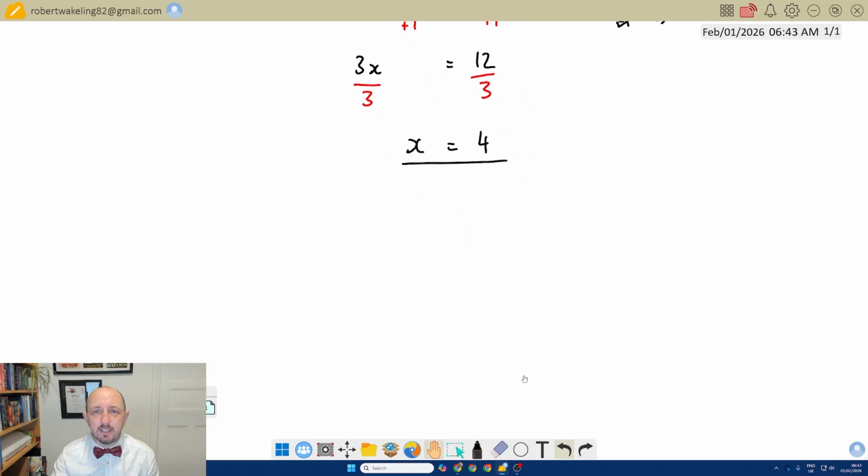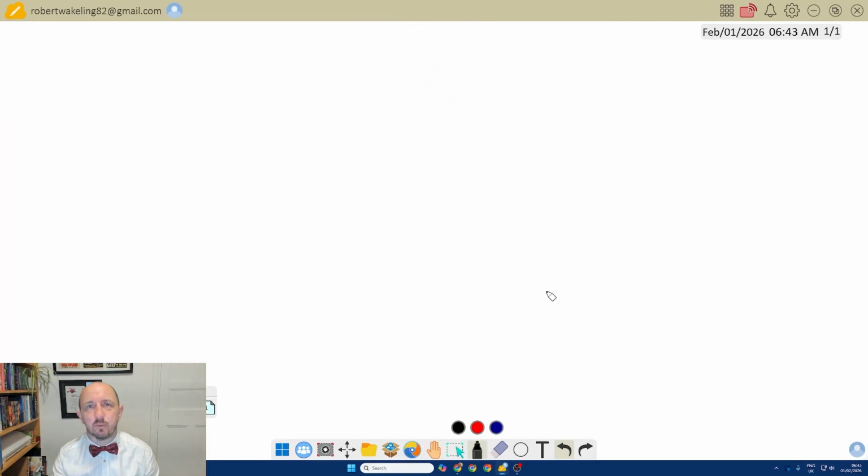Okay, now in the app we also have some two-step equations in here, and all that is building on that framework. So let's say we've got 4x plus 1 equals 2x plus 7. You'll notice the difference between this and the last one is that we've got an x on both sides.